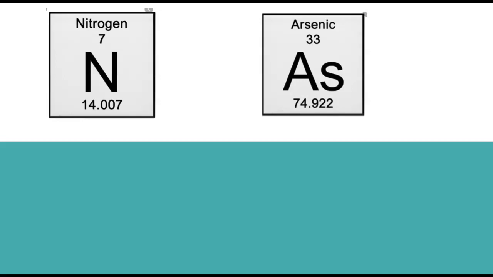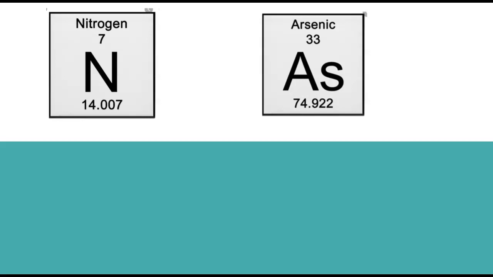And we know that each proton and each neutron has 1 atomic mass unit. So if we know that we have 7 protons, that means we have 7 atomic mass units. And we know we need to get to 14. That means that there are 7 atomic mass units that are missing, and those atomic mass units come from the neutrons.